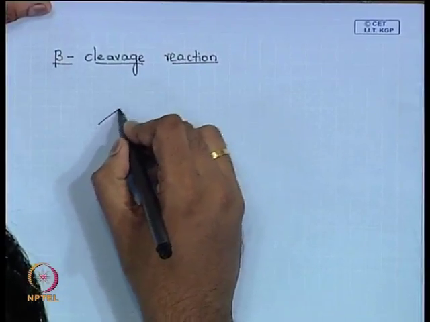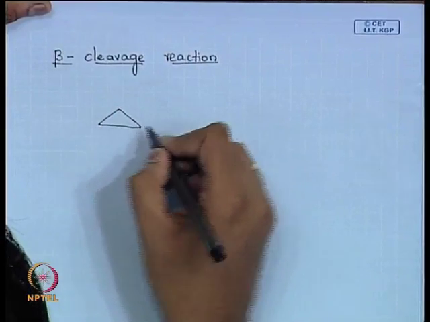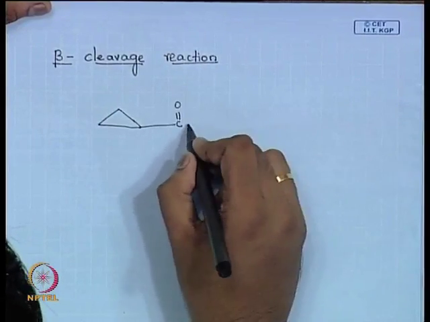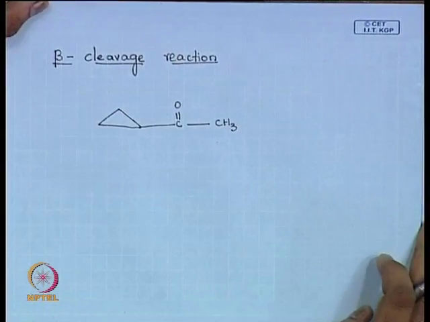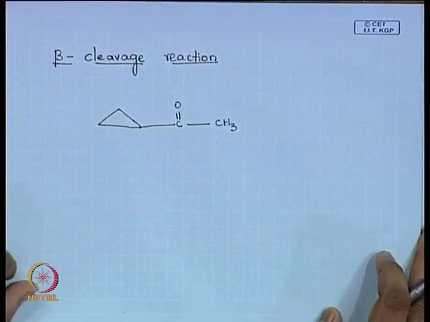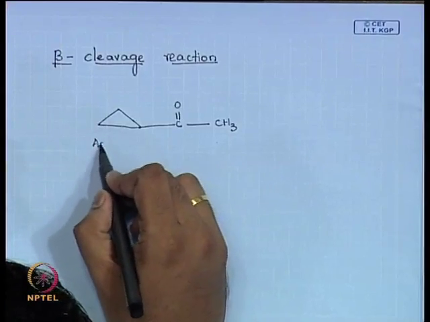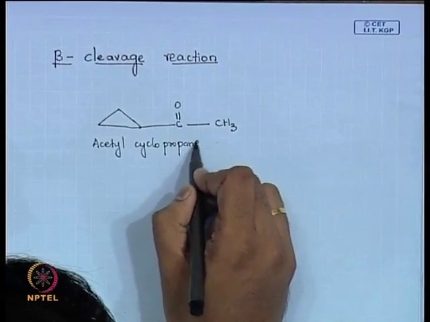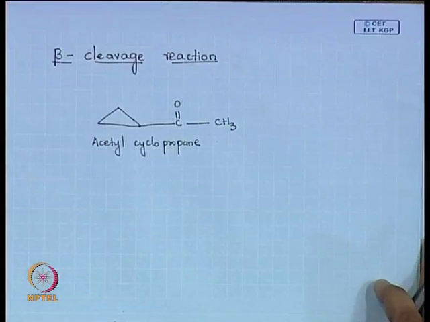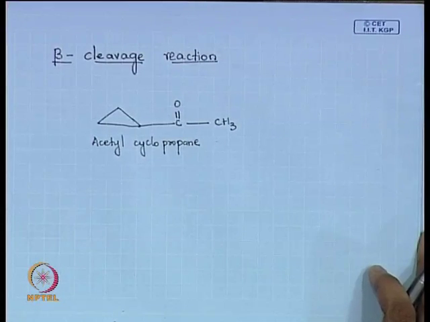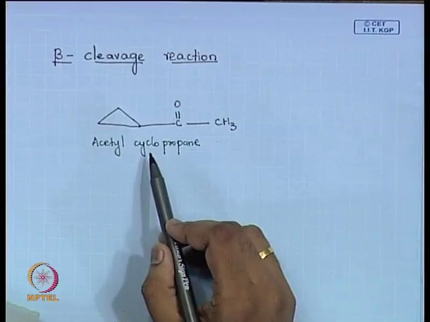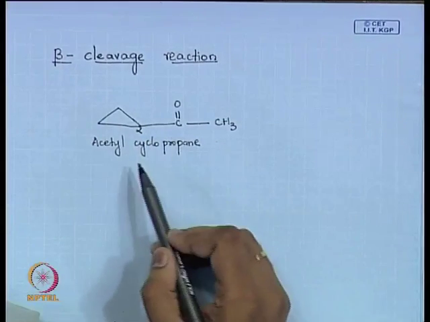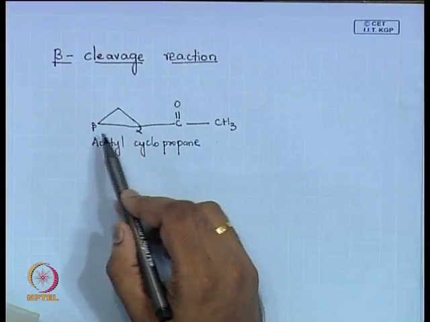I will just draw a structure. So, this is acetyl cyclopropane, right. If you have a system like this, you can see this is your alpha and this can be your beta, this is the C alpha and C beta bond.